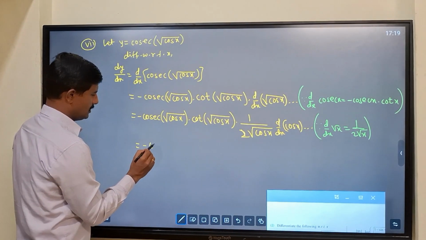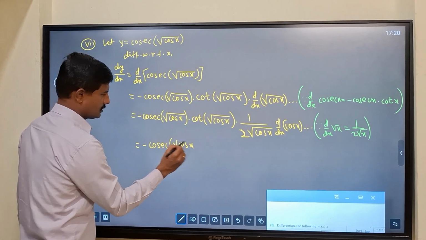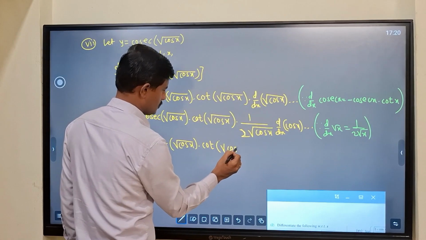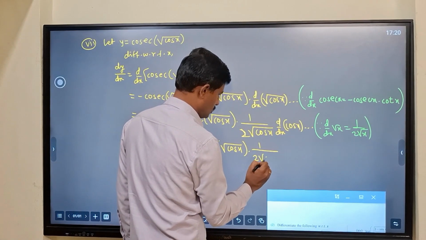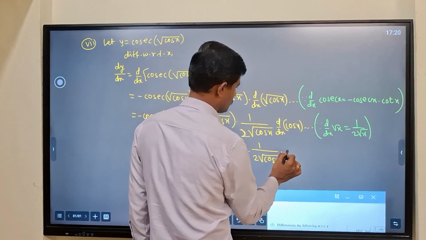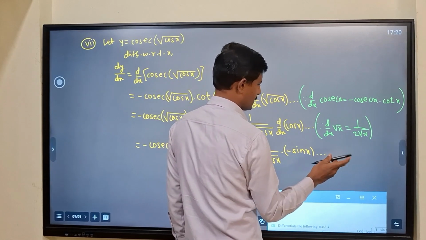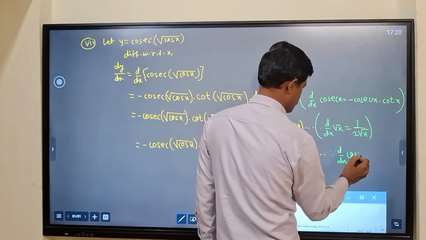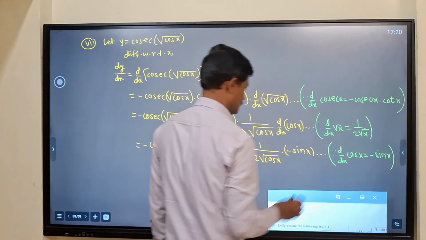Now minus cosec root cos x into cot root cos x into 1 upon 2 root cos x into differentiation of cos x, which is minus sin x. Therefore, d/dx of cos x is equal to minus sin x.